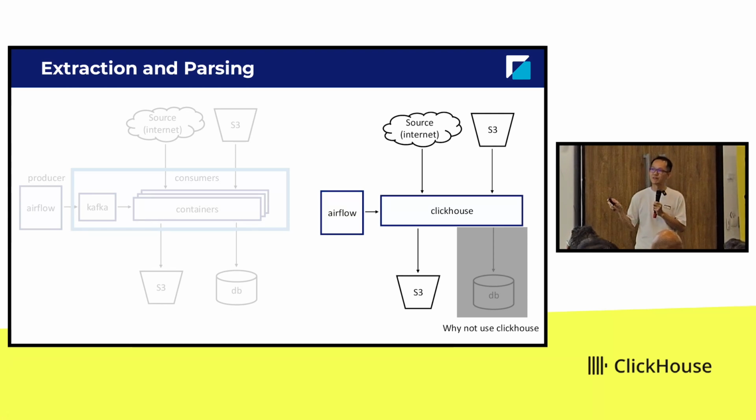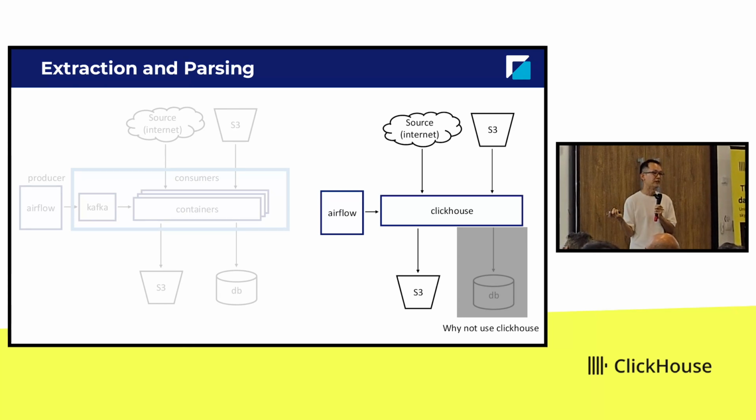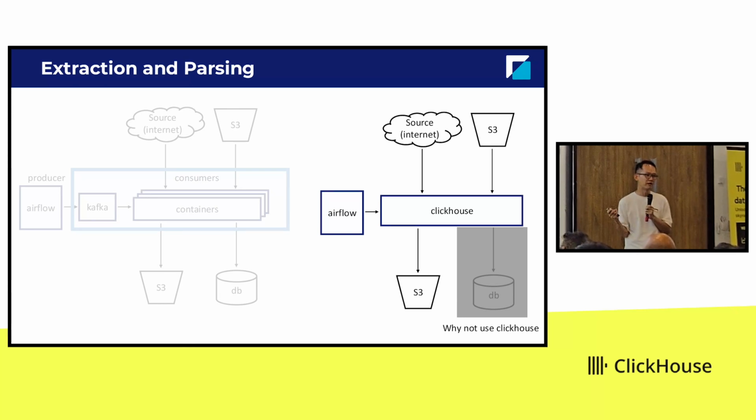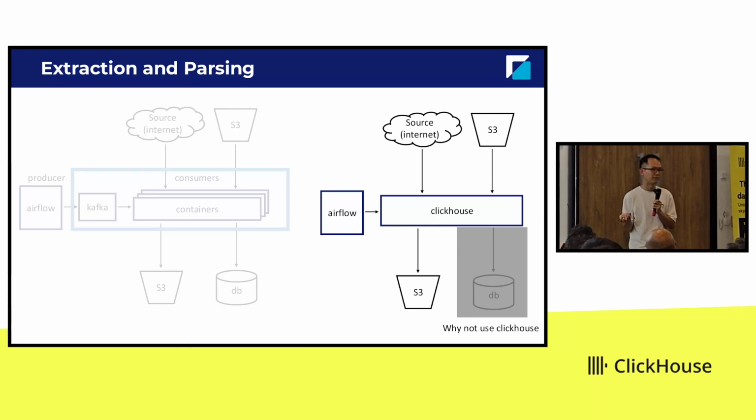But ClickHouse definitely fits in to totally replace the Kafka and the consumer containers that we were using. So that saves us quite a lot of time and resources, both in terms of money and development resources. Because ClickHouse is SQL based, like what Maroti mentioned, many more developers in our company could actually develop using ClickHouse.